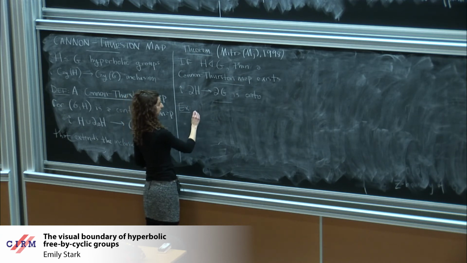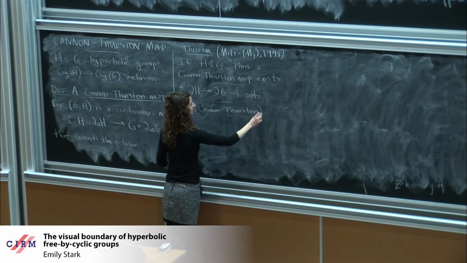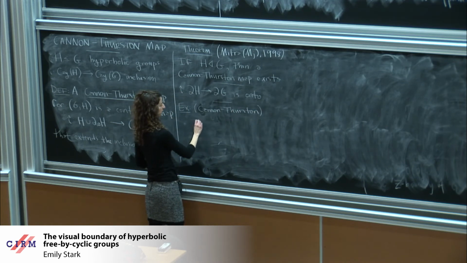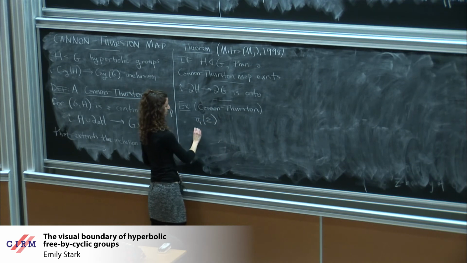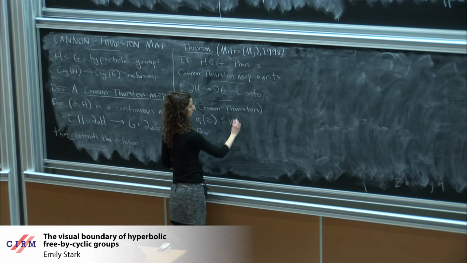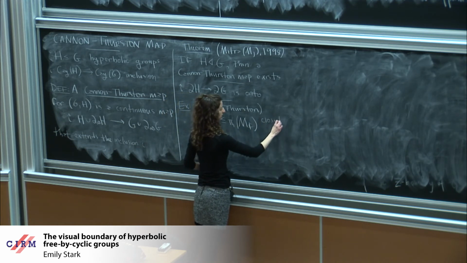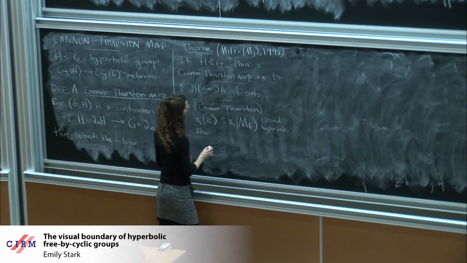The first is the result due to Cannon and Thurston, that a Cannon-Thurston map exists for the fundamental group of a fiber inside the fundamental group of the resulting closed hyperbolic three-manifold.